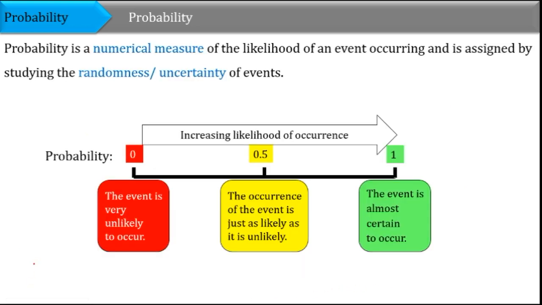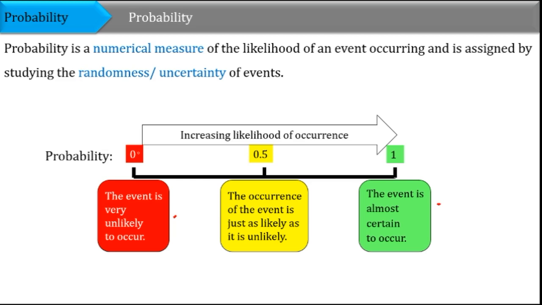Right, so if we look at what I just showed you, then you'll see that probability is just a numerical measure that measures the likelihood of something. Okay, what are the chances of something happening? Of course, if the event has a chance that is close to 0, it means that it's not likely to happen. If it is close to 1, then it will almost certainly happen.